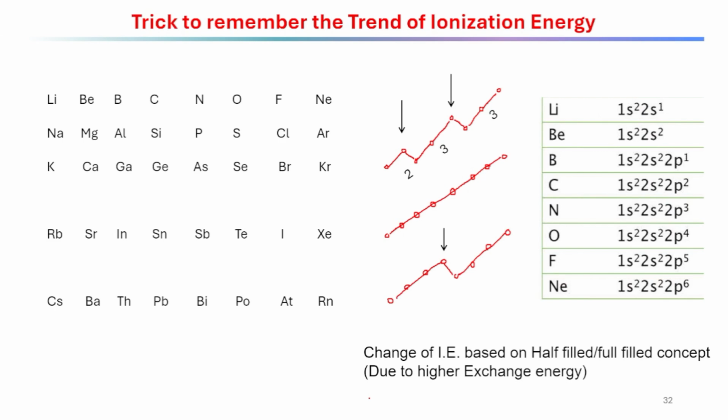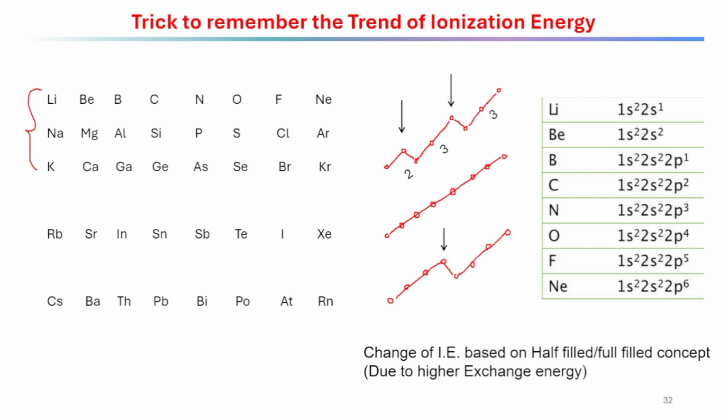Now let's try to remember this trend, how we can remember this ionization energy trend. If you take these three periods, period 2, 3 and 4, these are the lighter atoms. In these lighter atoms, the concept of half-filled and exchange energy works well.